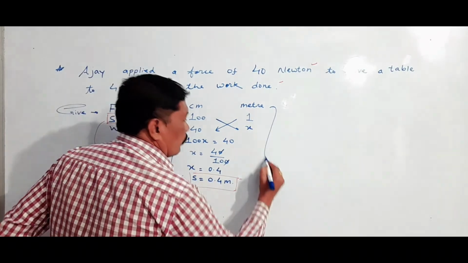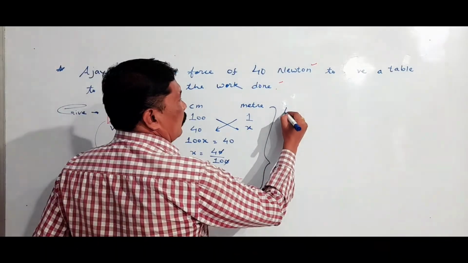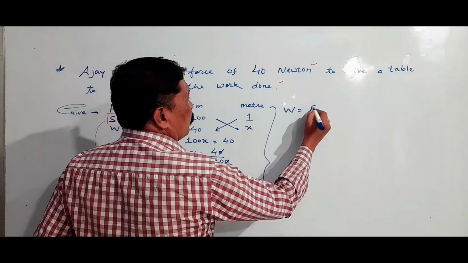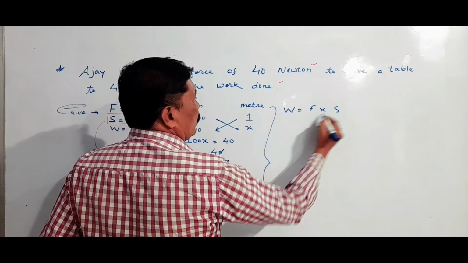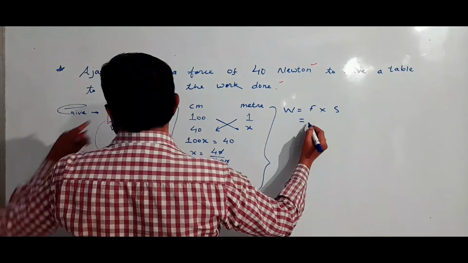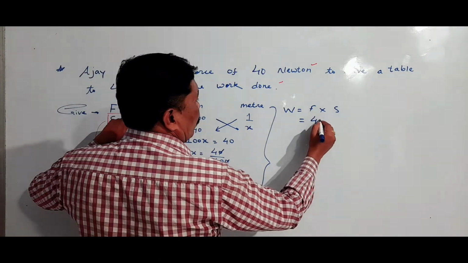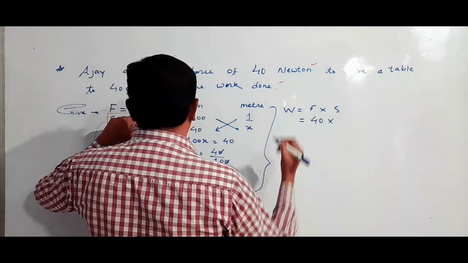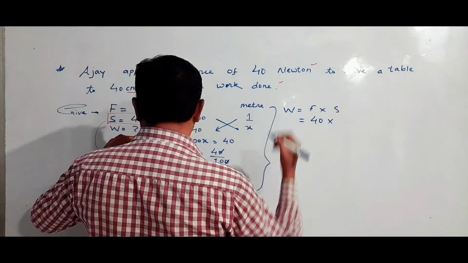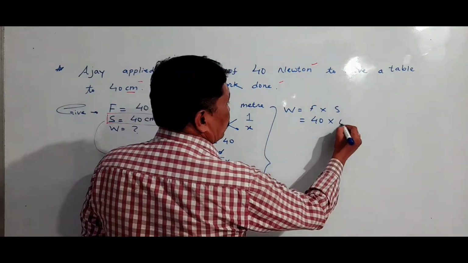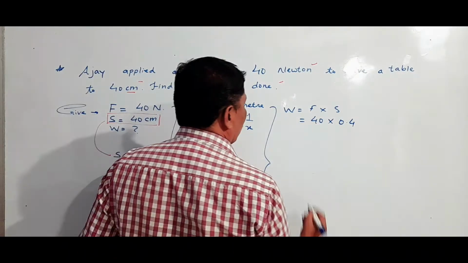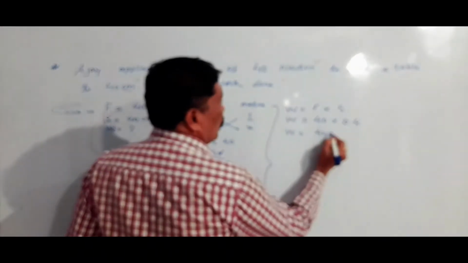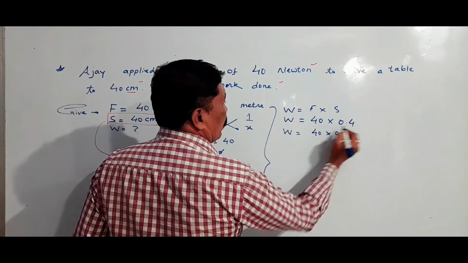Now, we know the formula. Work is equal to force into displacement. Force is given 40 Newton and displacement is 0.4 meter. So W is equal to 40 into 0.4.